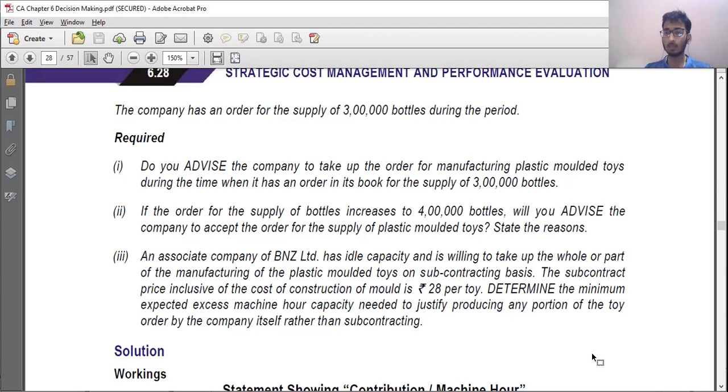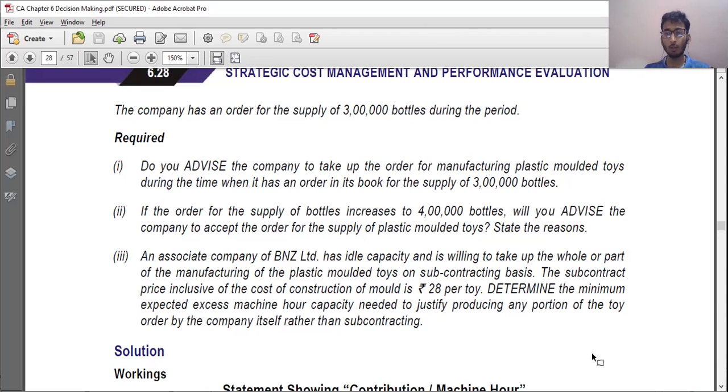So it is basically related to a subcontracting, or outsourcing, decision. But since it is given here, let's do this. We are told that there is one subcontractor who is ready to accept and deliver me the toy at 28 rupees.